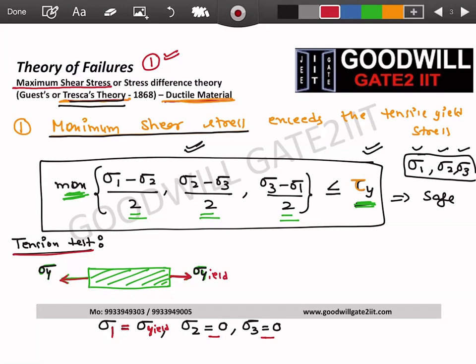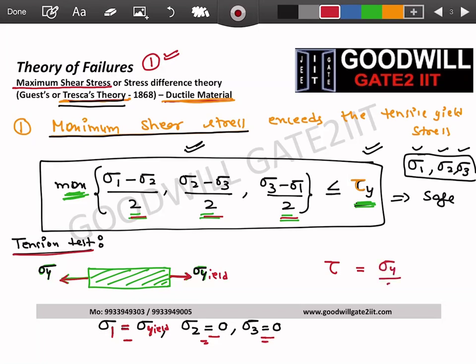Then for this, I will calculate my tau. And tau is nothing but sigma 1 minus sigma 2 divided by 2, sigma 2 minus sigma 3 divided by 2. I'm applying all these three formulas. So if you people agree, out of all these three combinations, what you're going to get will be sigma y by 2.